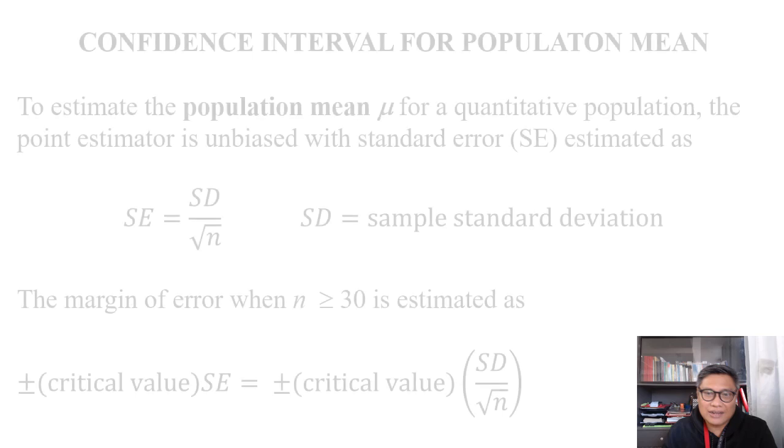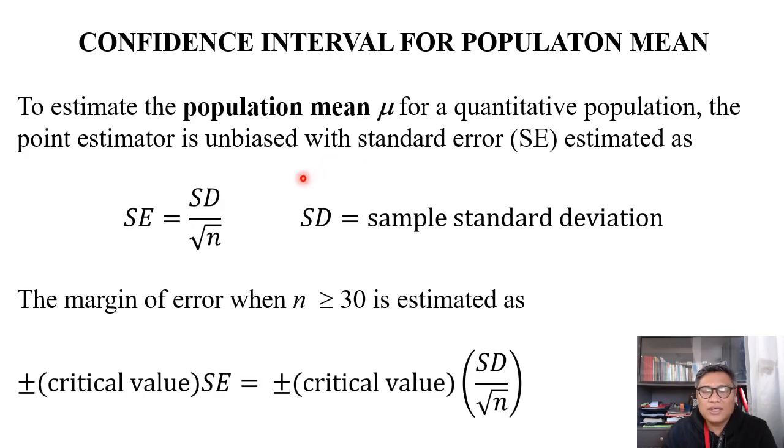So for a population mean, class, if you're going to estimate a population mean, we are estimating the population parameter in terms of the mean value for any quantitative population. Then the point estimator, which is the sample mean, is unbiased with, of course, the standard error, or the SE, estimated by this formula.